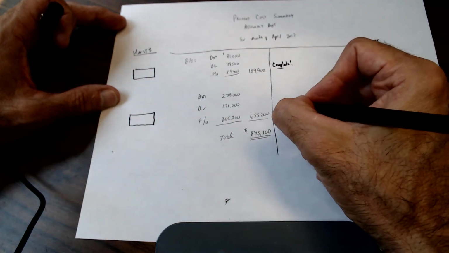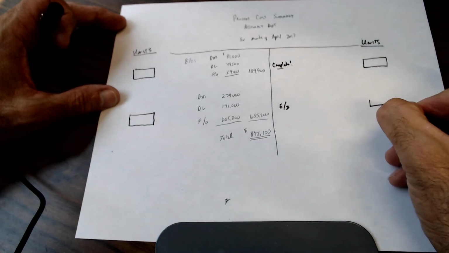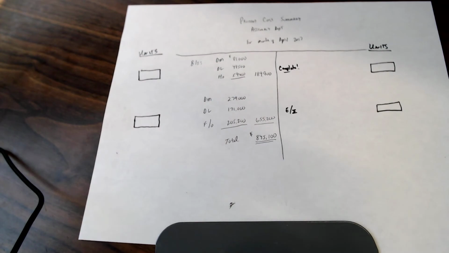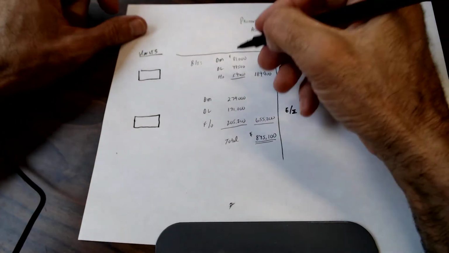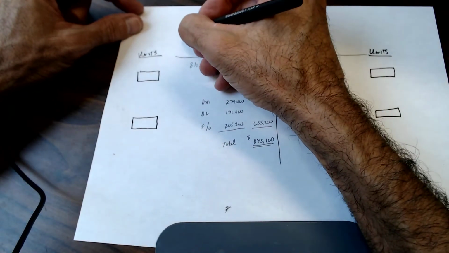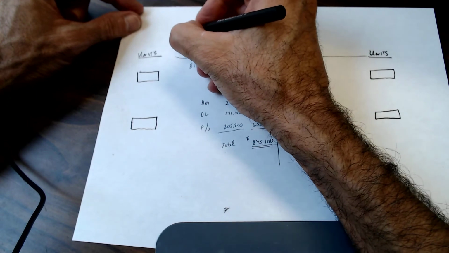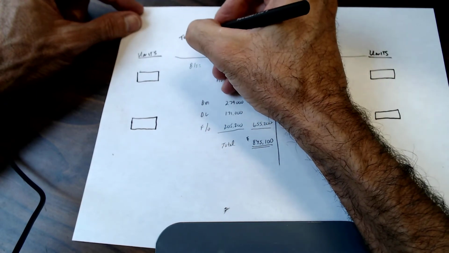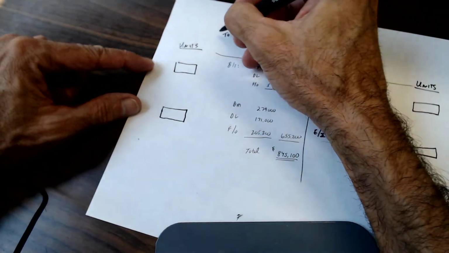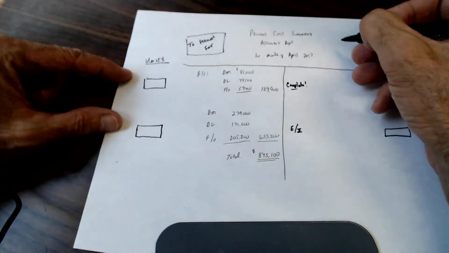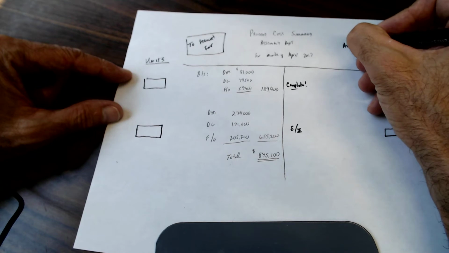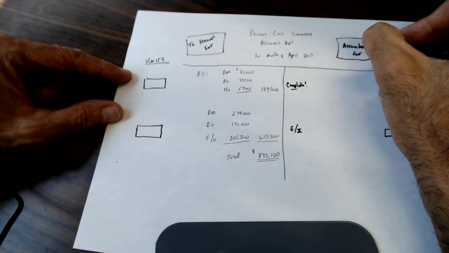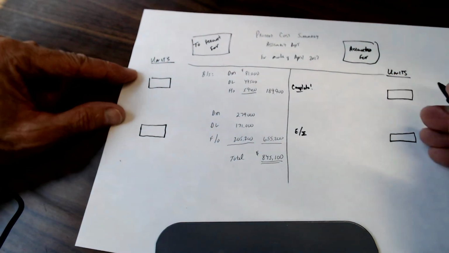And how many units are in ending inventory? Now this side is kind of called the to account for. And this is actually accounted for.